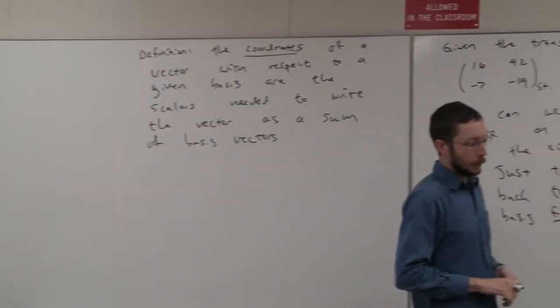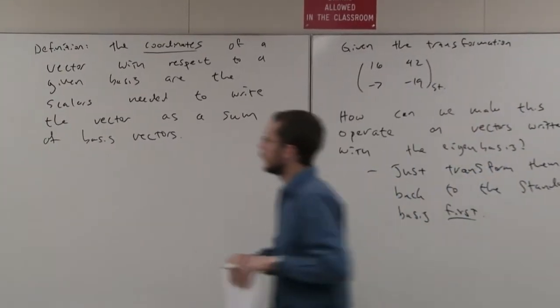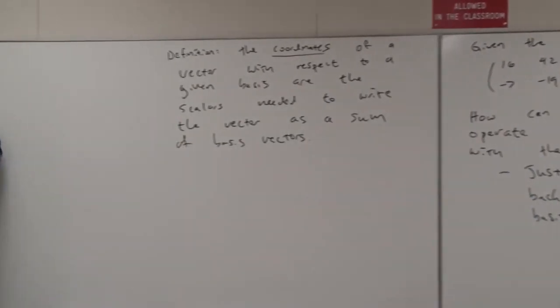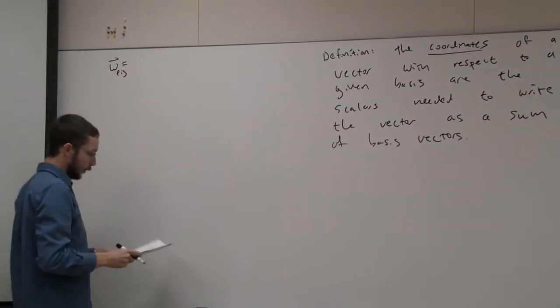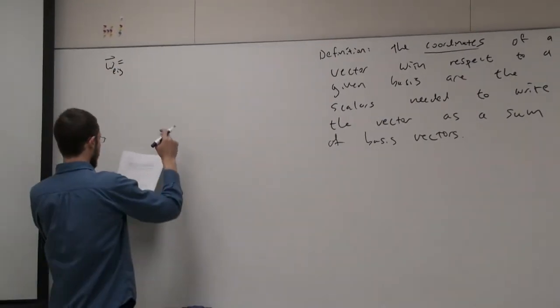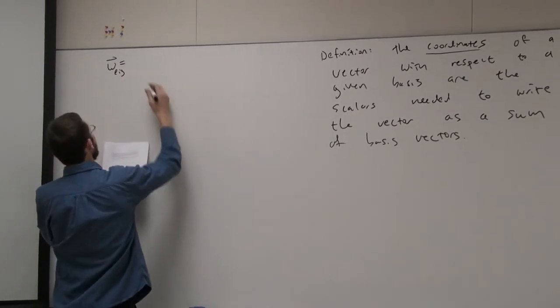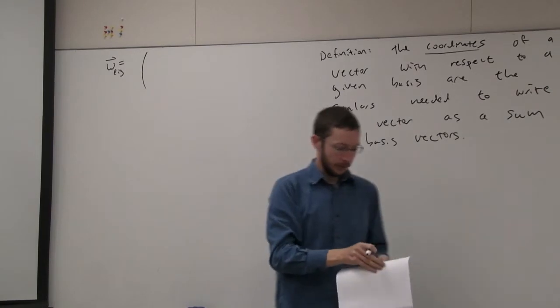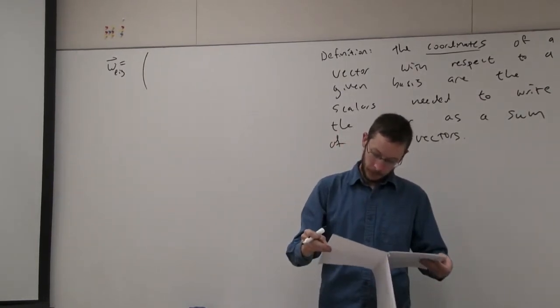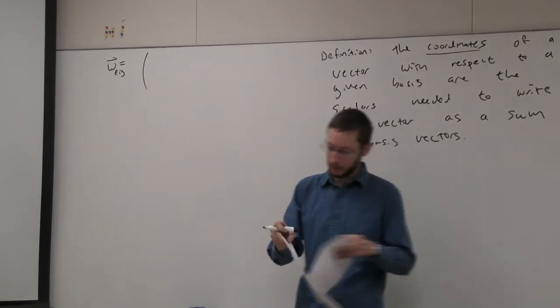And so what we can do is, we've got this vector W, which when written in terms of the eigenbasis was 5, -4. Is that right? You guys remember? Yeah, 5, -4.